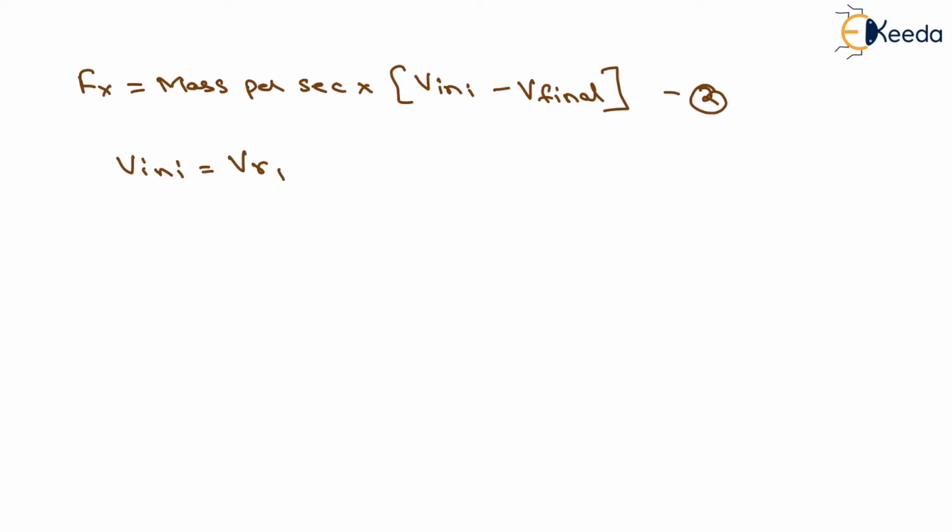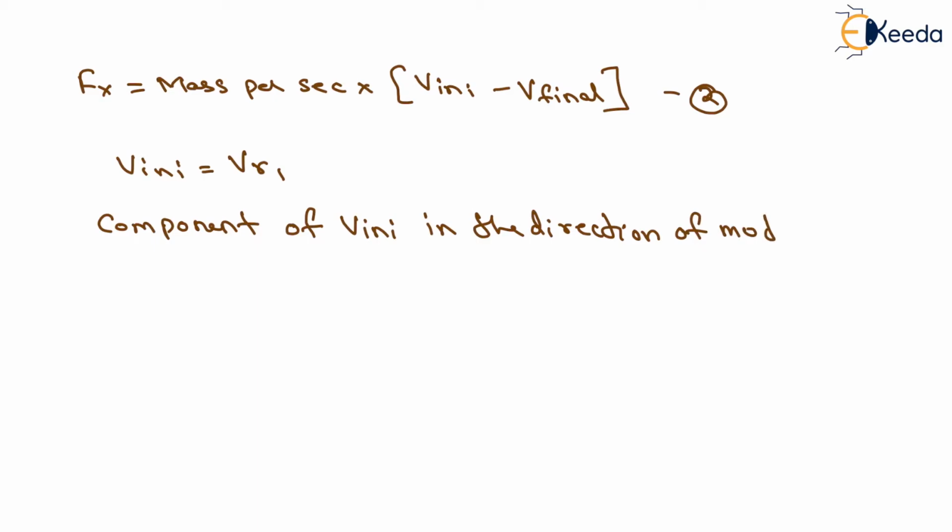The component of this velocity in the direction of motion will be equal to Vr1 cos theta, which will be equal to Vw1 minus u1.